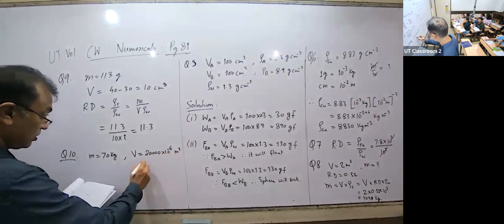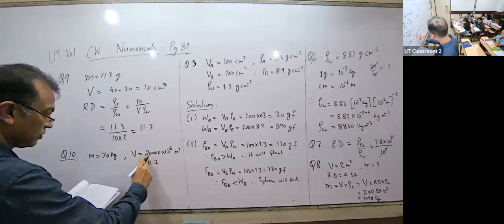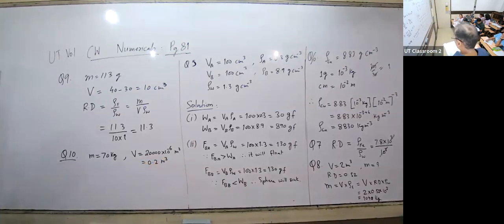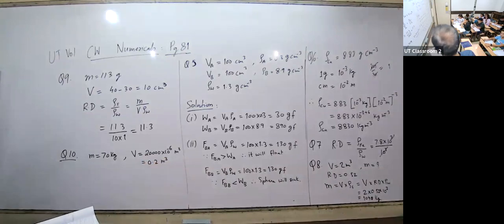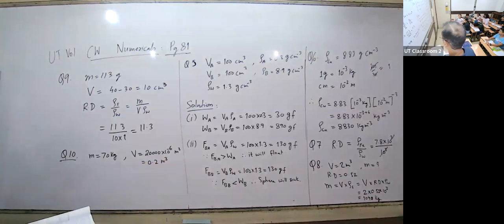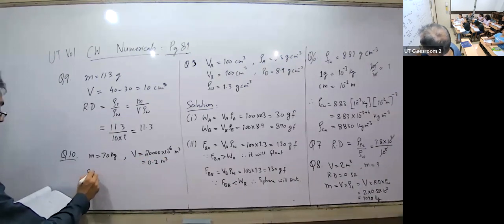Okay, so this is 0.2 meter cube, right? Is everybody okay with this? What did we do? We converted centimeter into meter. Multiply that with the given number. Okay, so now we have to find relative density.